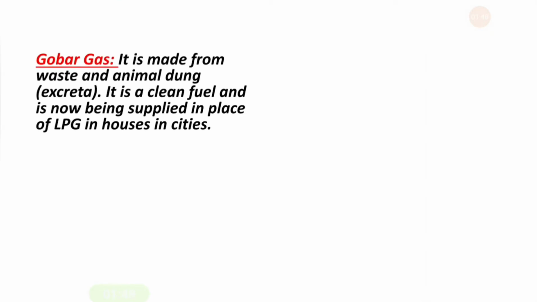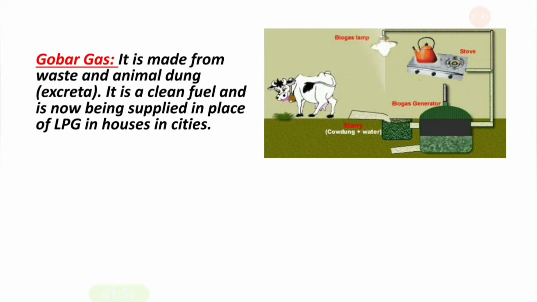Let's move to our next fuel, which is gobar gas. It is made from the waste of animals, dung, excreta. It is a clean fuel and is now being supplied in place of LPG in houses in cities. Students, gobar gas is made from the waste, or excreta, of animals, which is commonly called animal dung.